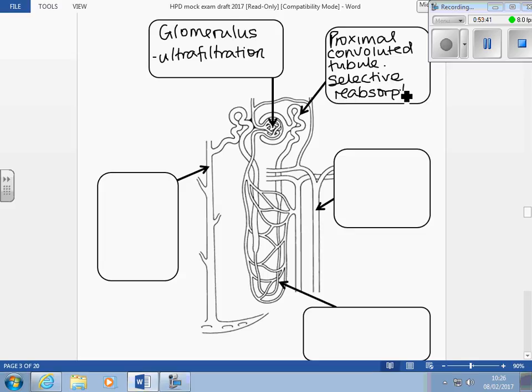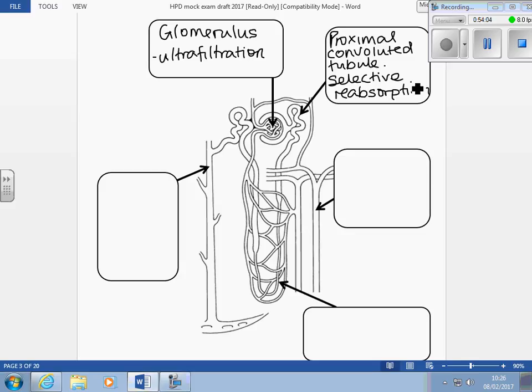But you might like to consider what's taken back there. Particularly glucose, quite a bit of water, some ions. I think they go back there, don't they? I think I'd managed to avoid mentioning them, to be honest.